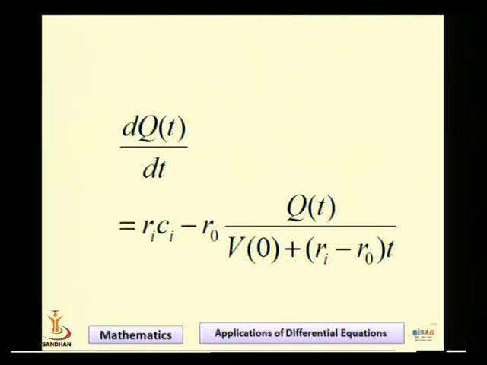Replacing C naught by Q of t upon V naught plus (Ri minus R naught) t, I get a first order differential equation: dQ of t by dt is equal to Ri Ci minus R naught Q of t by V0 plus (Ri minus R naught) into t. This equation represents the rate at which the quantity of salt is changing in the solution.